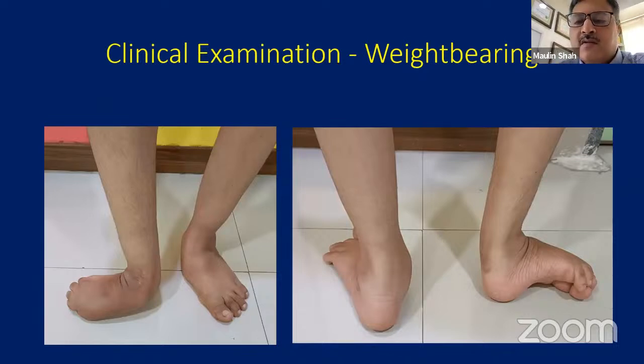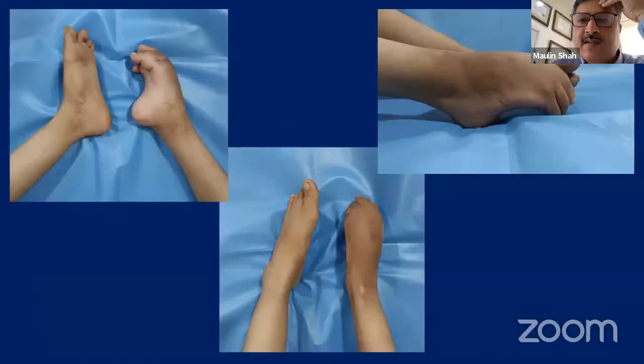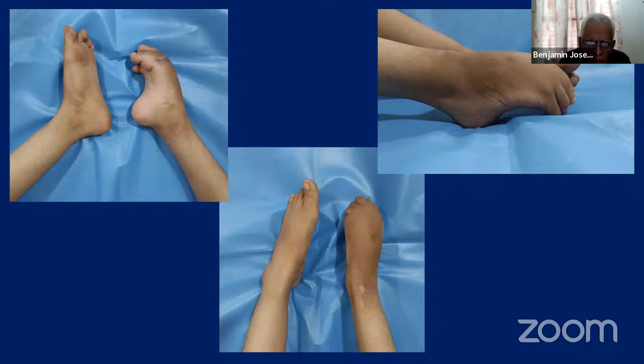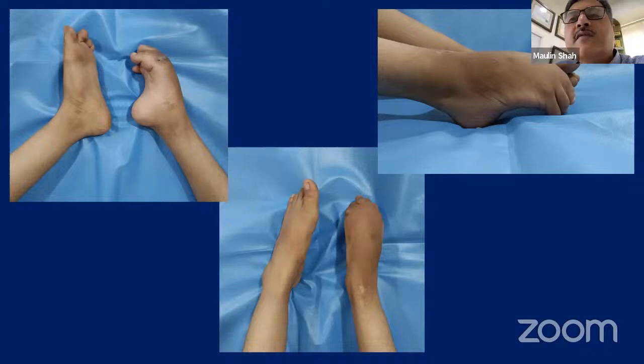So how should we approach this, Dr. Joseph, sir? How much of this is passively correctable? It's a very stiff and rigid deformity. Okay, stiff, rigid deformity, very little correction. Is there external tibial torsion? We did not find it clinically significant.